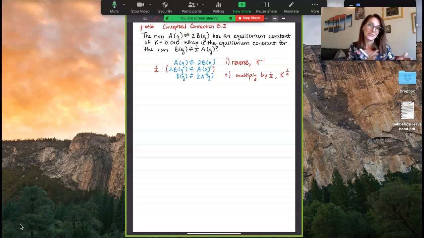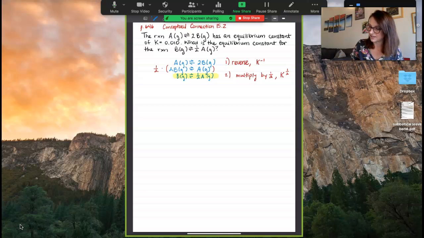So like I said, review Hess's law, because I think that's probably stored in your long-term memory, and make sure you distinguish between the rules of Hess's law versus the rules of manipulating equilibrium constants. All right, so we have a plan of attack. We'll reverse it, so we'll raise the equilibrium constant to the -1 or inverse it. And then we'll multiply the reaction by 1/2 to get the desired reaction that we're studying. And so therefore we will raise the equilibrium constant to 1/2.